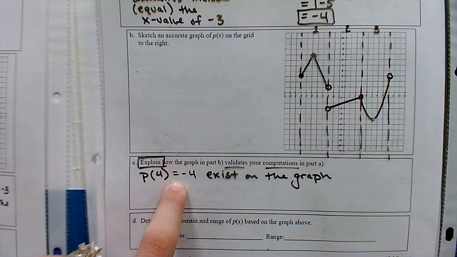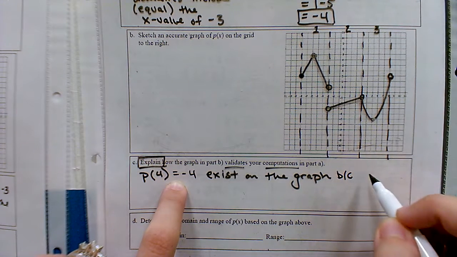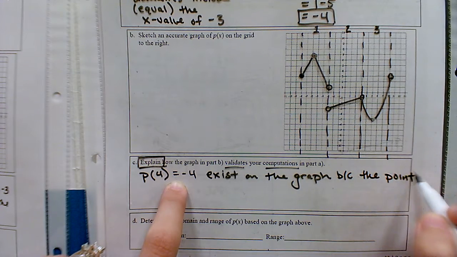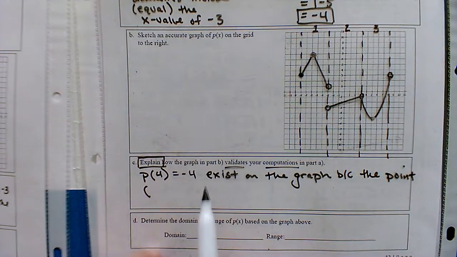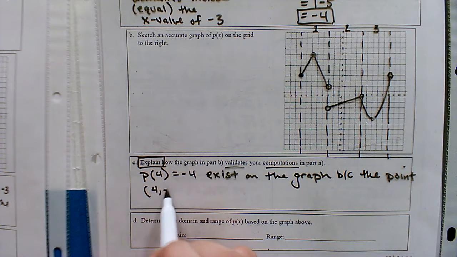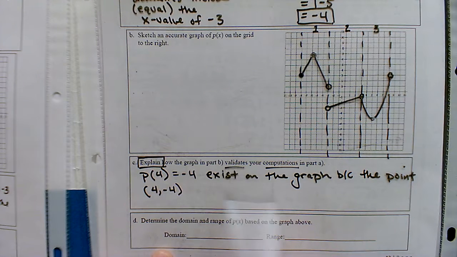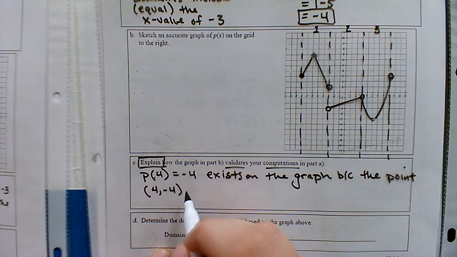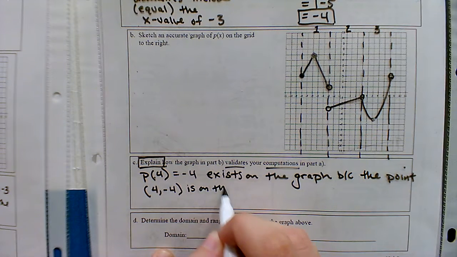That shaded point? Can we write the ordered pair? Go ahead, Marie. There we go. Okay. So the point exists, or this information exists on the graph because that specific point is on the graph.